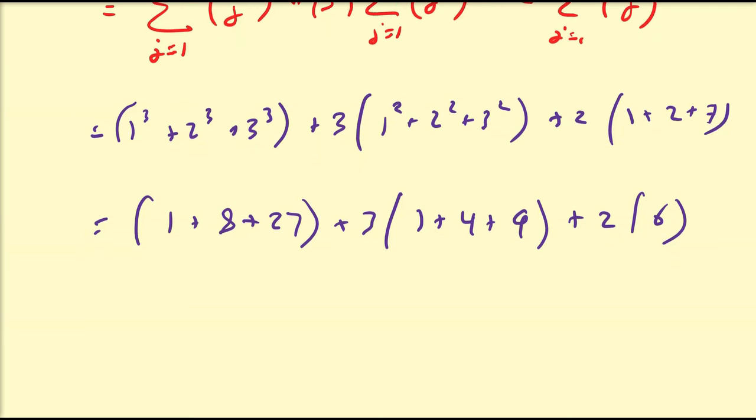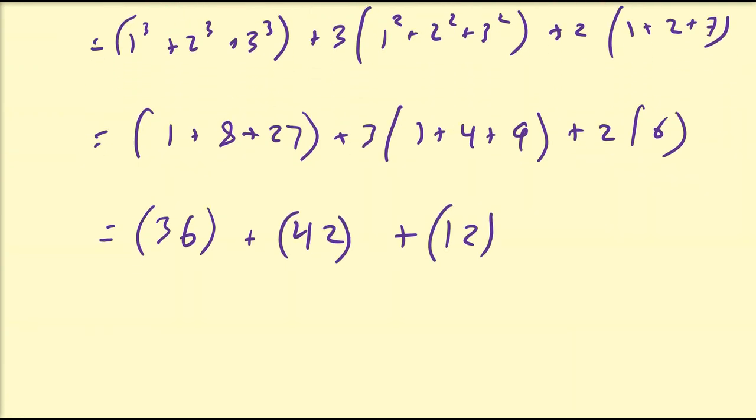Right? So we have 27 plus 1 is 28 plus 8 is 36. Plus, let's see, 1 plus 4 is 5 plus 9 is 14. And 14 times 3 is going to come out to 42. And then 2 times 6 is 12.